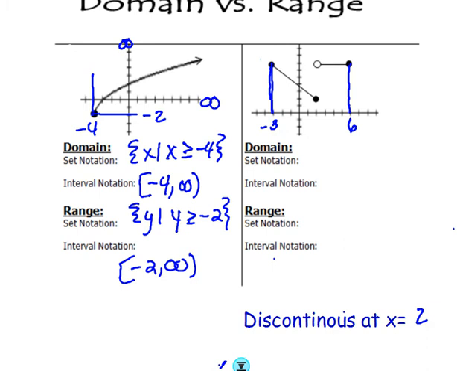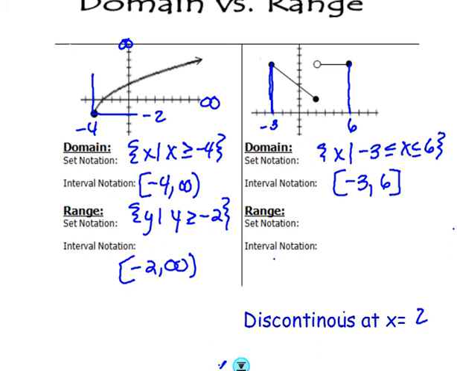But there's still no break in our x, so we can write our set notation: x such that it's between, we include the -3 and we include the 6. And then interval notation, we go -3 to 6, and we want to include both of them, so they're closed on both ends.